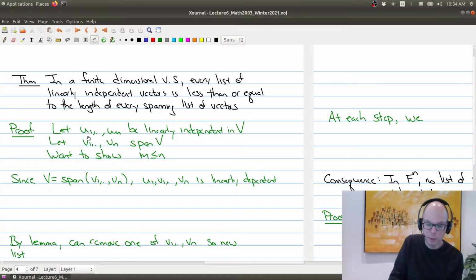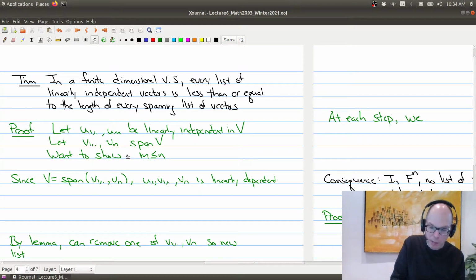Suppose that somebody gives you a collection of linearly independent vectors u1 through um in your vector space, and they also give you a list of vectors v1 through vn that span V. Completely different people could give you this information.